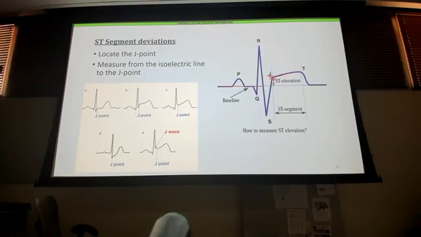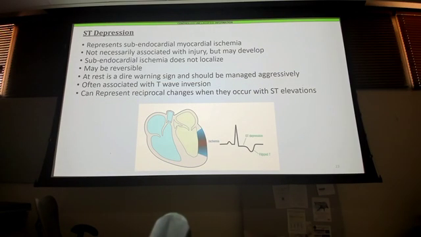It can be above the baseline, which would be an elevation, or below the baseline, which would be a depression. Typically ST depressions go along with T wave inversions as well, and these are indicative of subendocardial ischemia and typical of unstable angina or a non-ST elevation MI. So when you see those, be thinking of that.